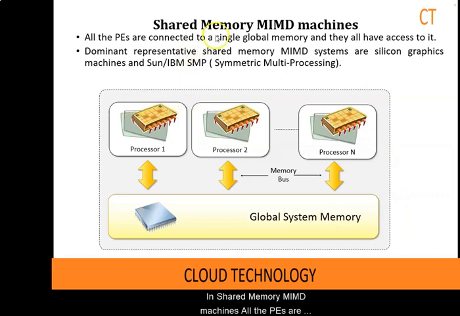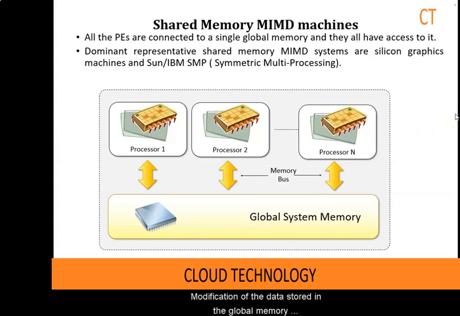In shared memory MIMD machines, all the processing elements are connected to a single global memory and they all have access to it. Systems based on this model are also called tightly coupled multiprocessor systems. The communication between processing elements in this model takes place through the shared memory.